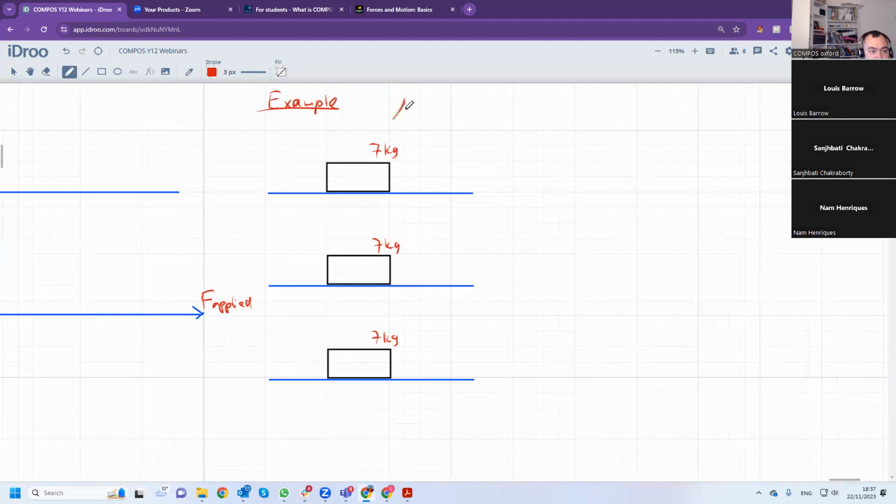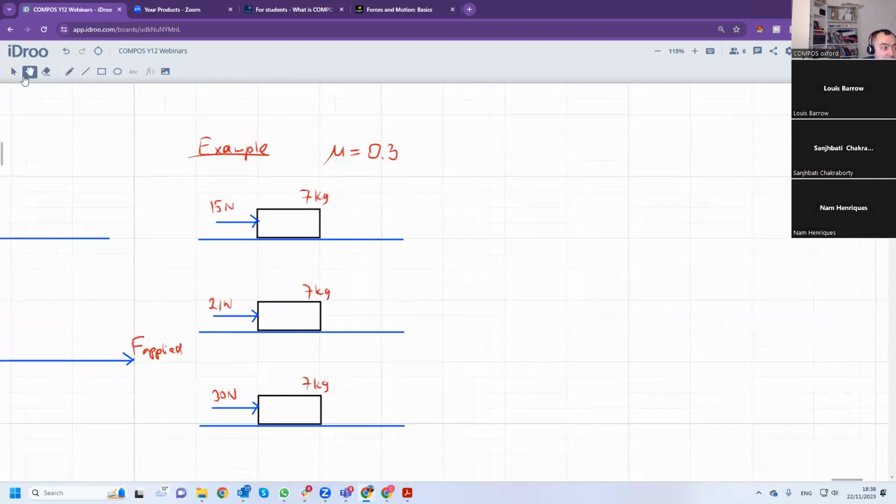And the coefficient of friction, mu, is, let's say, 0.3. In the first case, I push the box at 15 newtons. In the second case, I push the box with 21 newtons. And in the third case, I push the box with 30 newtons of force. What happens with the box in each of the cases?